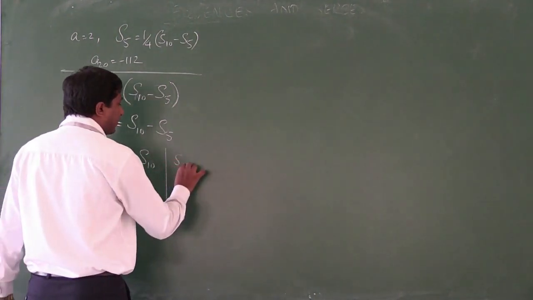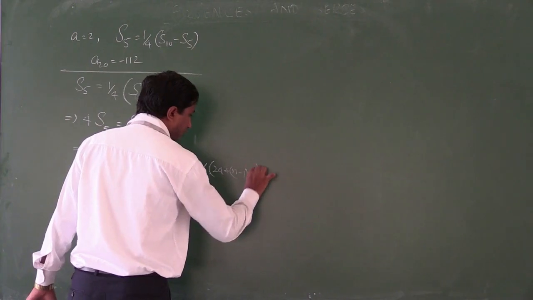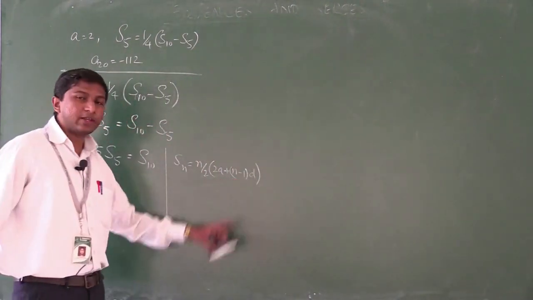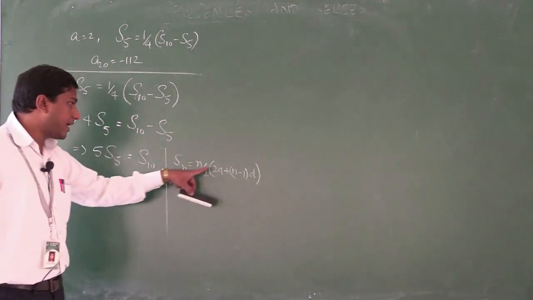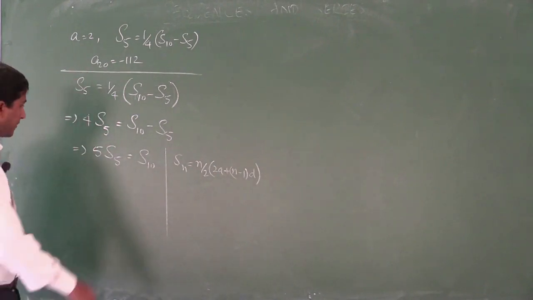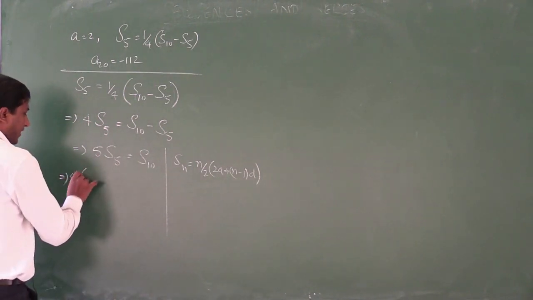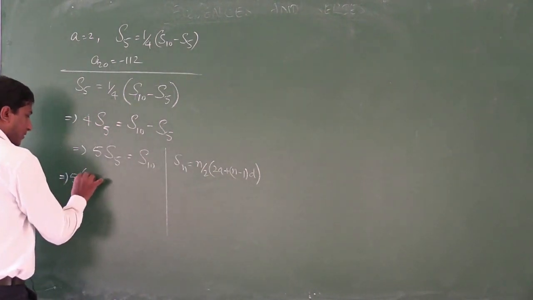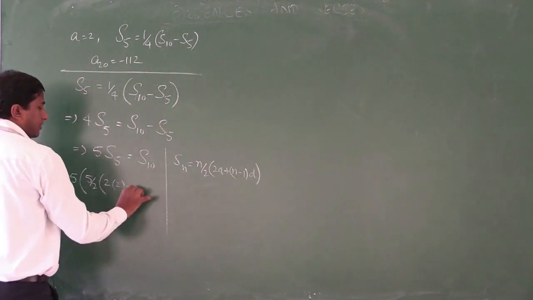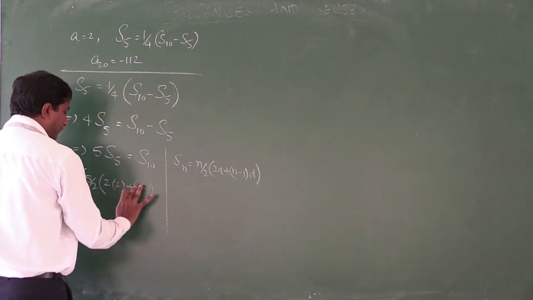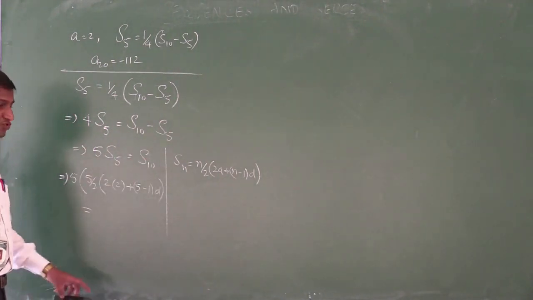Now we will use the Sn formula to find out values of S5 and S10. What is the Sn formula for an AP? N/2 into 2A plus N minus 1 into D. We don't know the value of D, so we'll write D as it is. N value here will be 5 and A value we know to be 2. Now substituting this, we get 5 into S5, which is 5/2 into 2A, A is 2, plus 5 minus 1 into D, equals the RHS, S10.